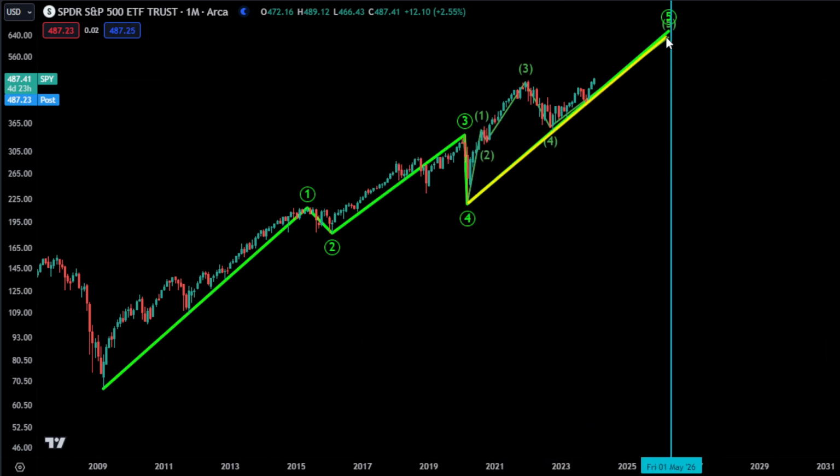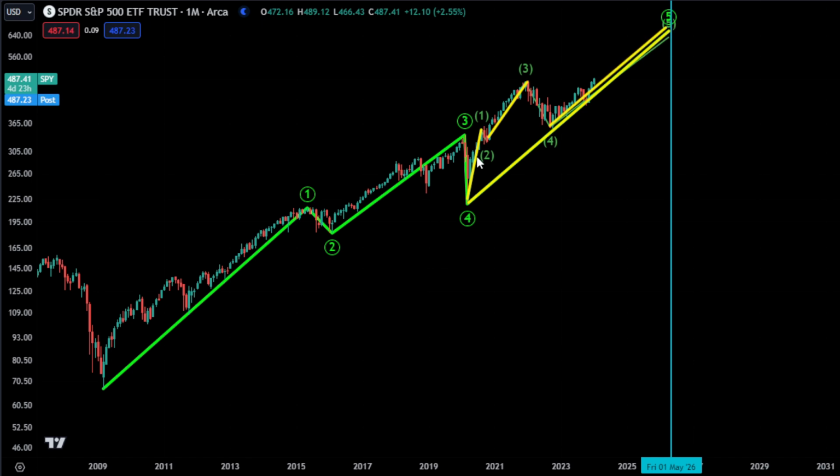If we're currently in a 5th wave right now, we can break this down into subwaves. If you look at this 1st wave and this 3rd wave here, which means we had a 2nd and a 4th, which was a pullback in the corrective, that means currently we are in the 5th wave as well here.